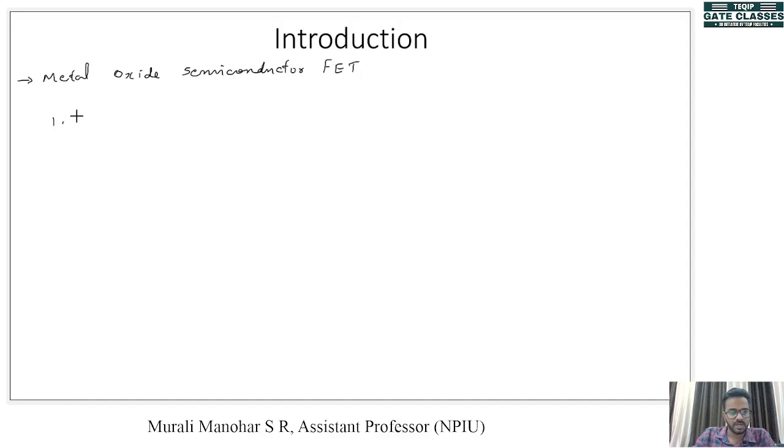First one is called depletion type MOSFET, and second type is called enhancement type MOSFET. We will discuss depletion type first. We will see how it is constructed, how it works, and then the characteristics. After that, we'll see the enhancement type MOSFET.